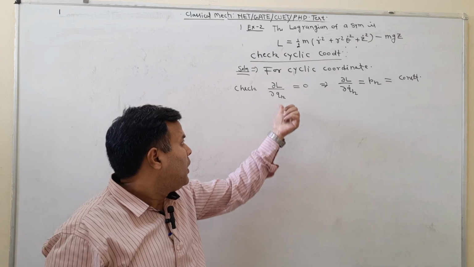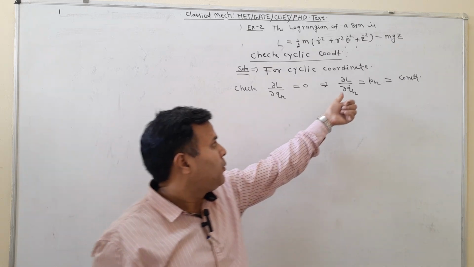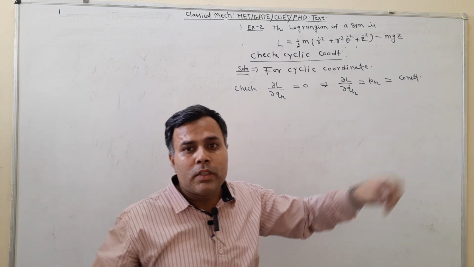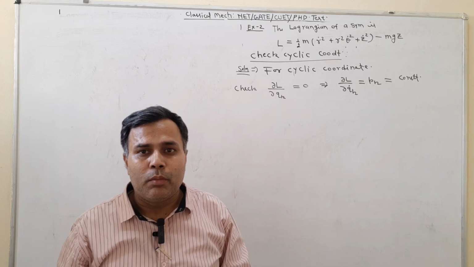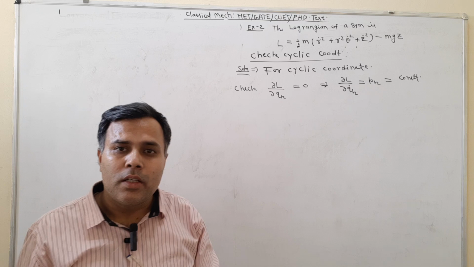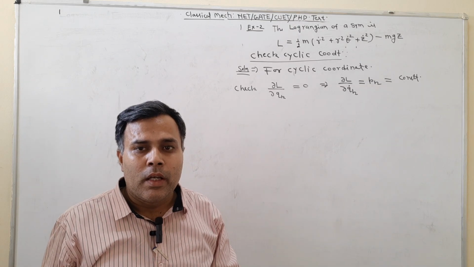If you put del L upon del QK equal to 0 in the Lagrangian equation of motion, then del L upon del QK dot, which is PK, is constant. So this is the concept of cyclic coordinate. It means if a cyclic coordinate exists, the corresponding momenta is conserved.